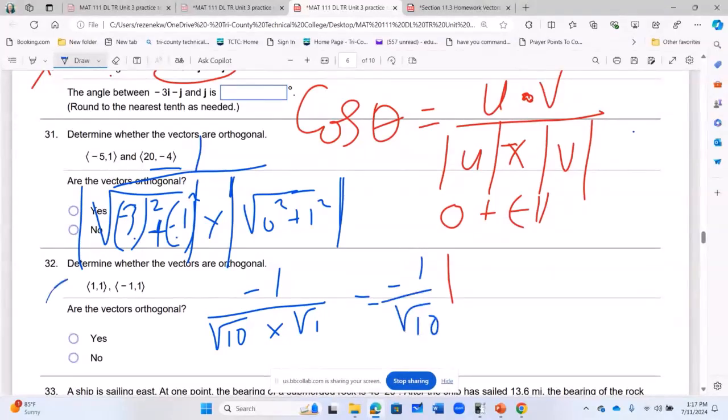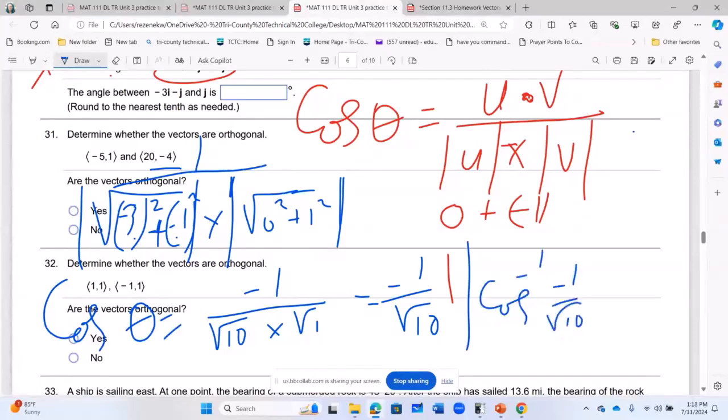So I'm now going to get the cosine inverse of -1 over square root of 10. Because it's negative, the angle between those two vectors is going to be obtuse, not in the first quadrant. So cosine theta is that.